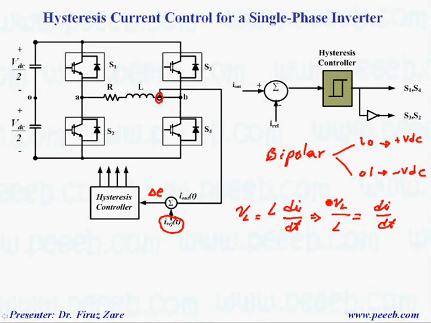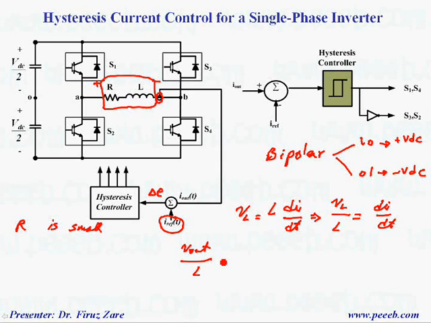So when the output voltage is almost equal to the voltage across the inductor, supposing R is pretty small compared to the inductor, then output voltage divided by L equals di/dt.